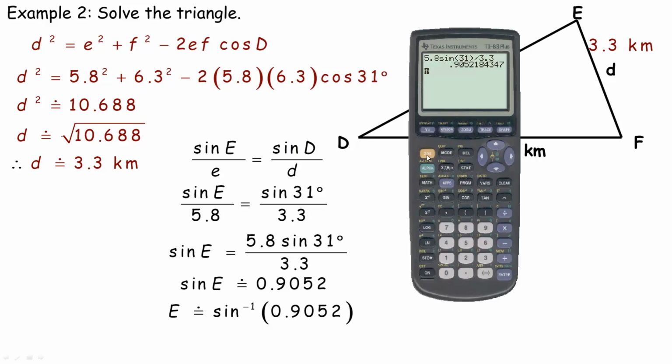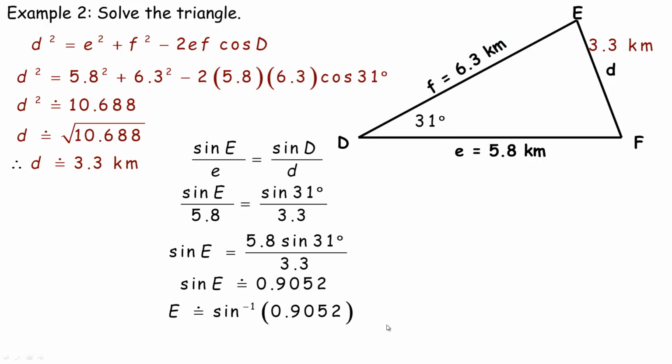So inverse sine 0.9052 works out to 64.85, so about 65 degrees. So angle E is 65 degrees. We'll put a 65 up there.